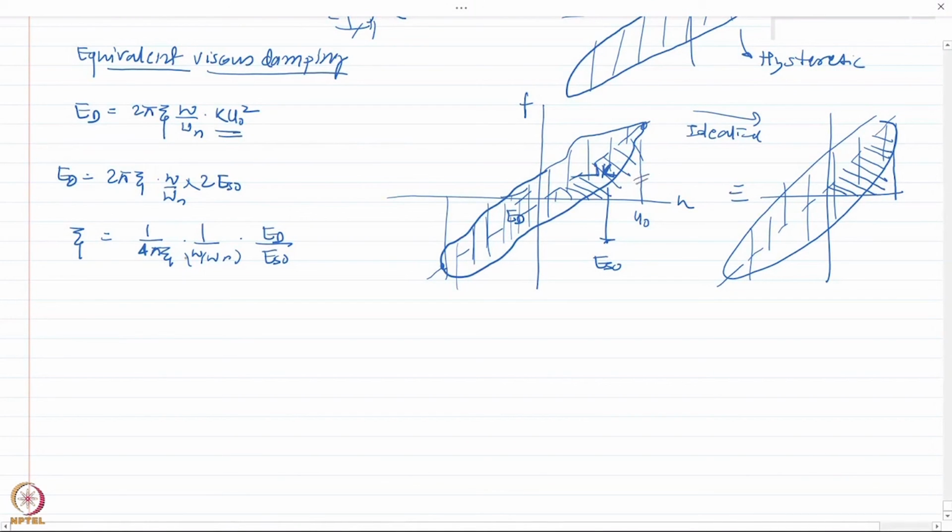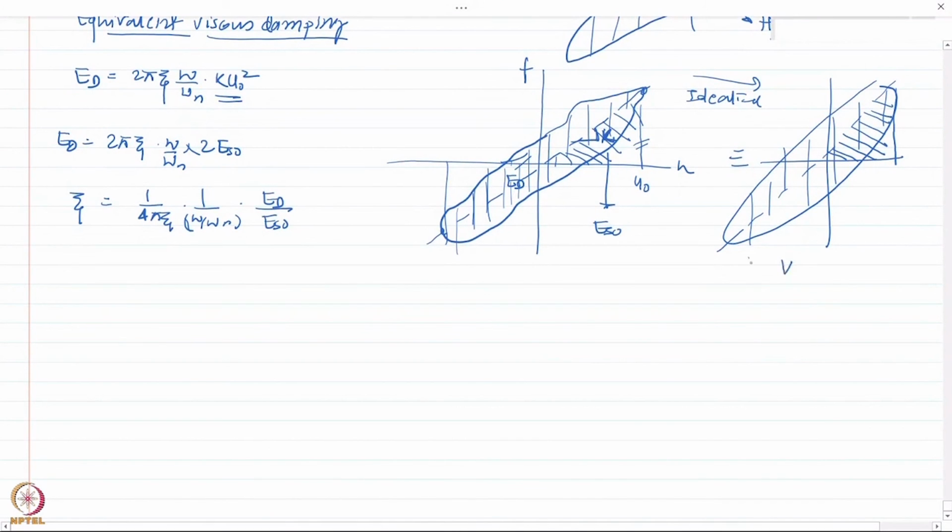If I can find this out, I can represent this system using the system we have derived all the equations for, which is the linear viscous damper. And how did we do that? We did that by equating the energy dissipation in this linear viscous damping system to the experimentally obtained energy dissipation.